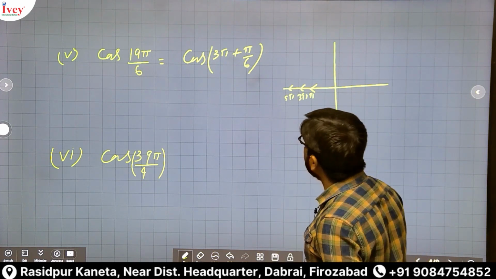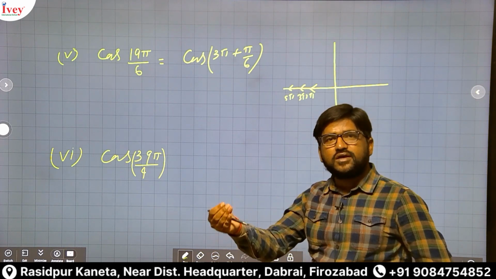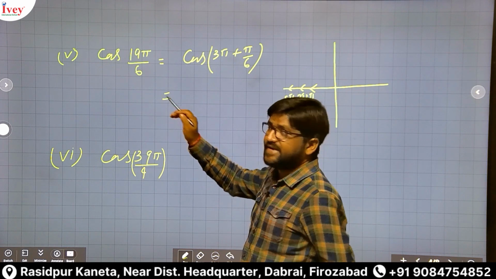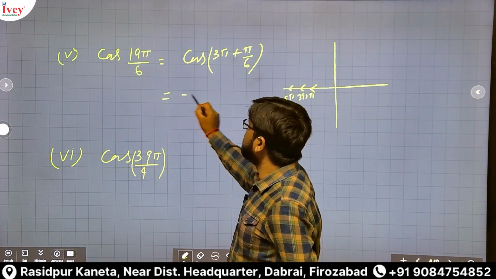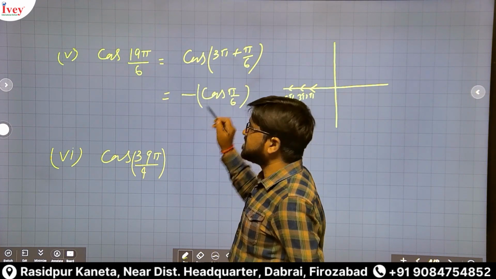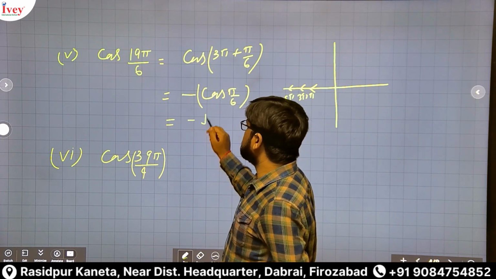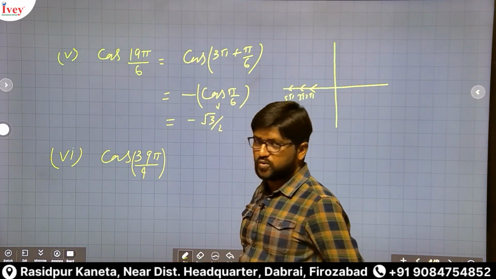These are the angles, and we are adding some angle. This means we will land in the third quadrant, and in the third quadrant only tan and cot are positive. So this cos is going to be negative, so minus cos pi by 6, and cos pi by 6 is nothing but cos 30. Minus is there, the value of cos 30 is root 3 by 2.